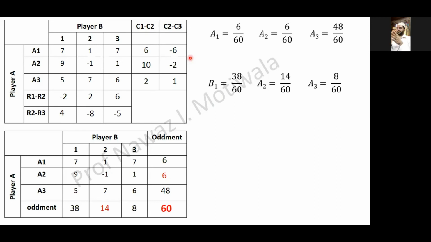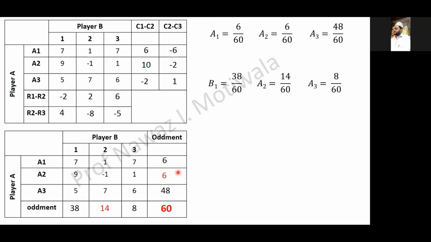What we do is we take any one column and multiply it by the oddments. So let us say I want the value of the game for this particular question. It will be 7 multiplied by 6, that is 42. I am just taking the first column with the oddments. 7 multiplied by 6, 42. 9 multiplied by 6, 54.